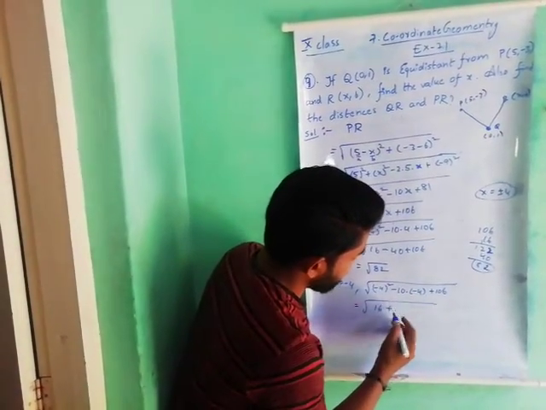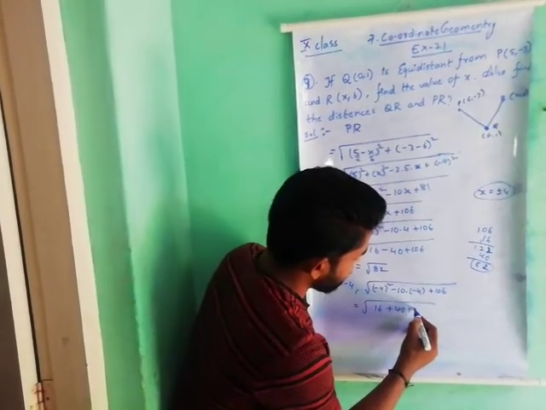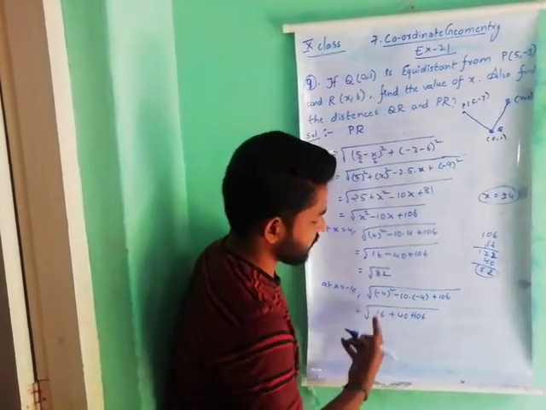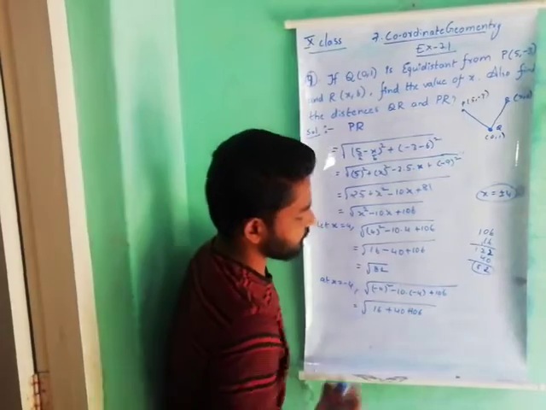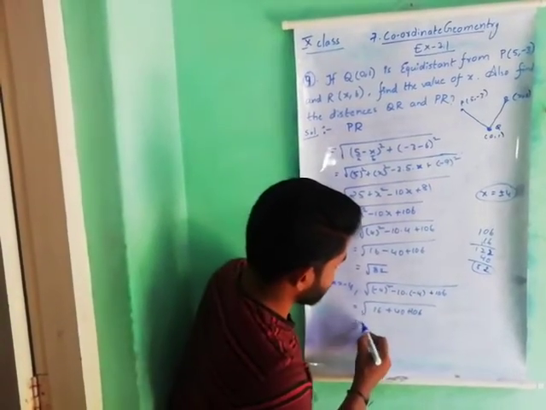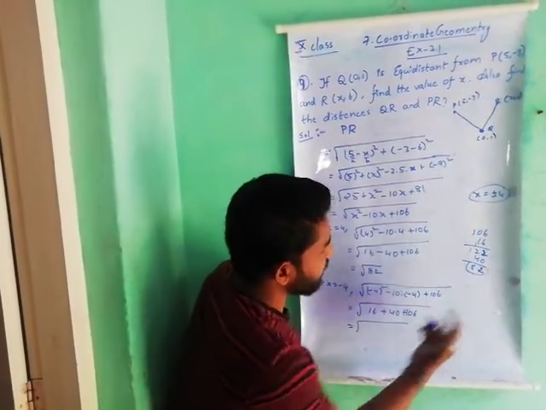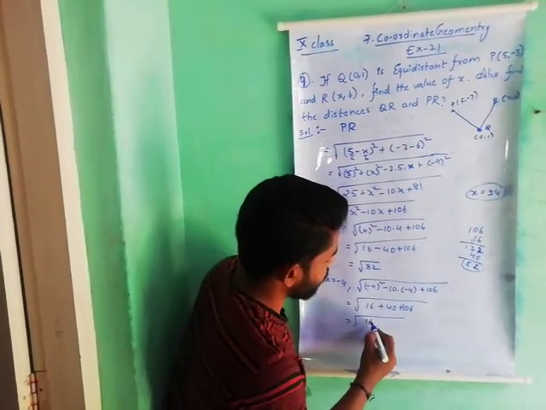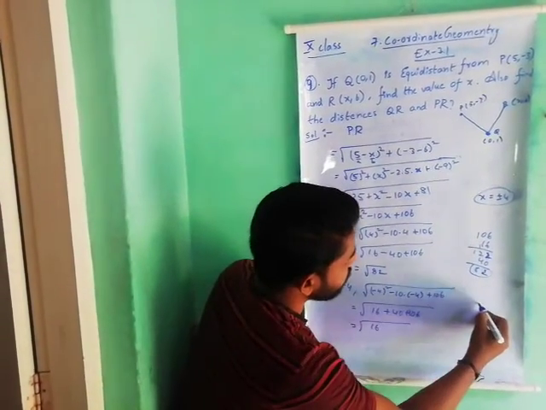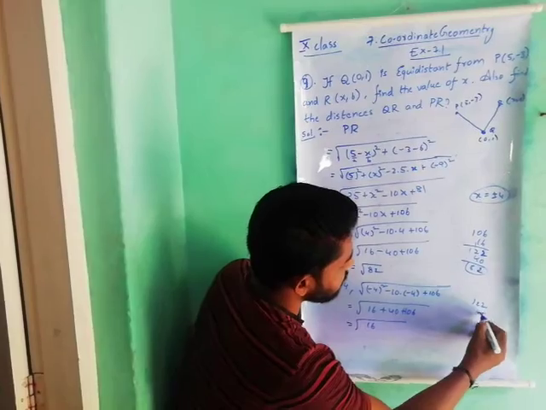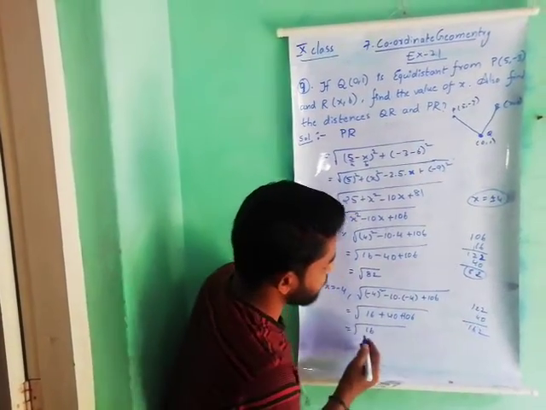16 plus 40 plus 106. Here also 120 plus 40. So 120 plus 40, how much? 122 plus 40, 162 we are getting.